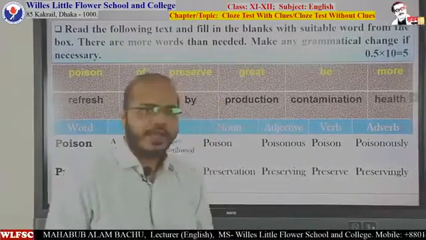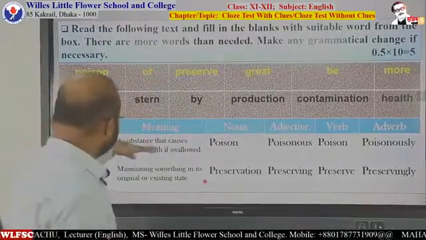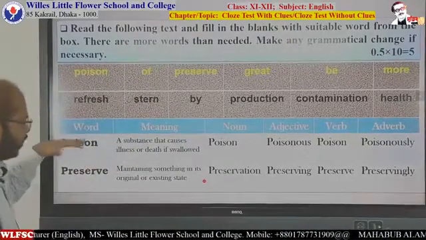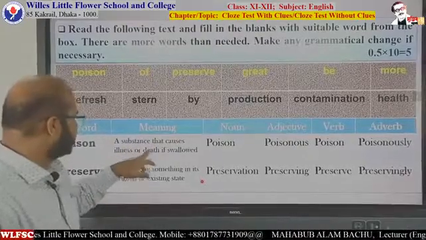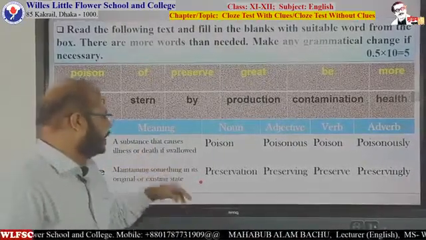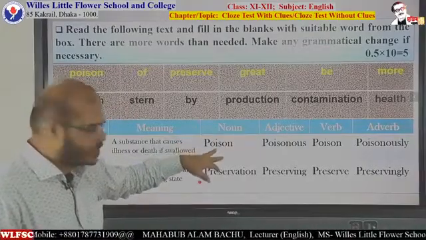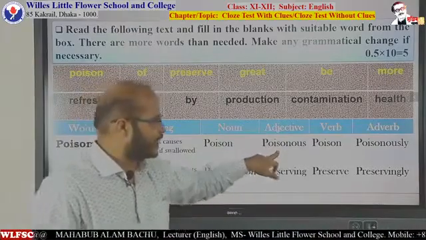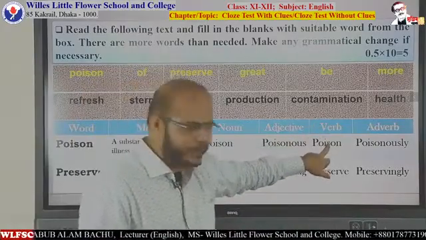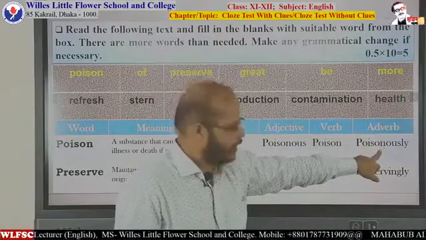contamination, health. Here you see the word poison and its meaning: a substance that causes illness or death if swallowed. The noun form of the word is poison, adjective form poisonous, verb form again poison, and adverb form poisonously.